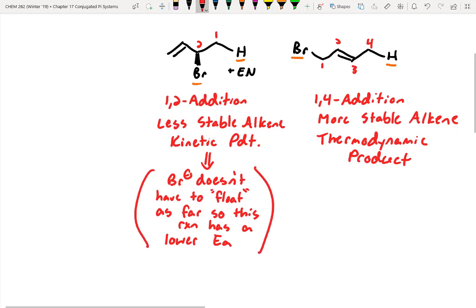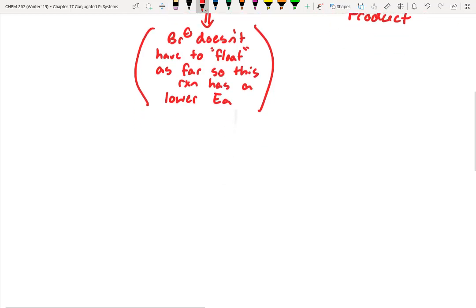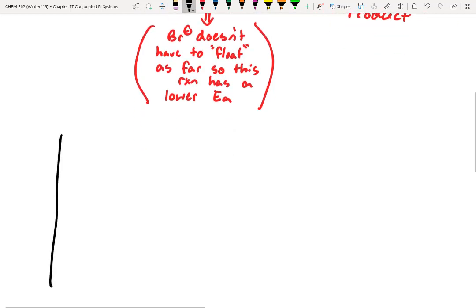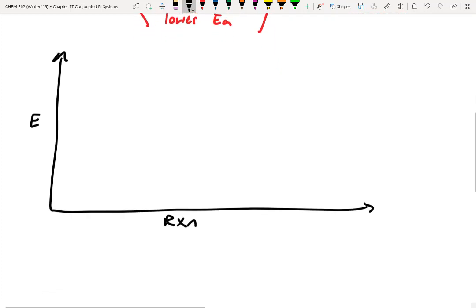All right. So let's take a look at this with a reaction coordinate diagram. We haven't really done that since first term. All right, so we've got energy over here. We've got reaction progress over here.